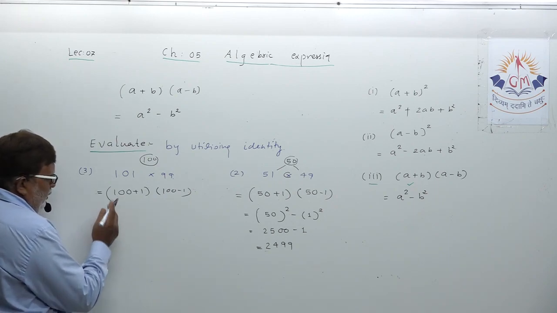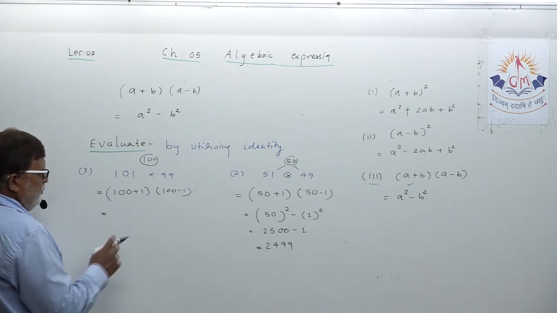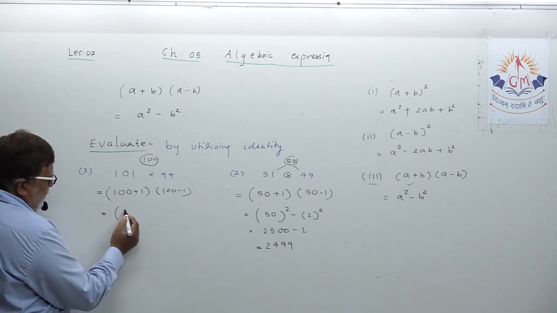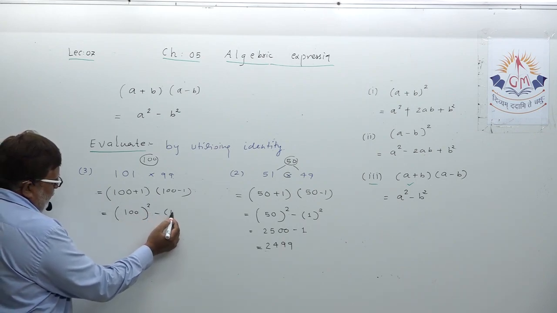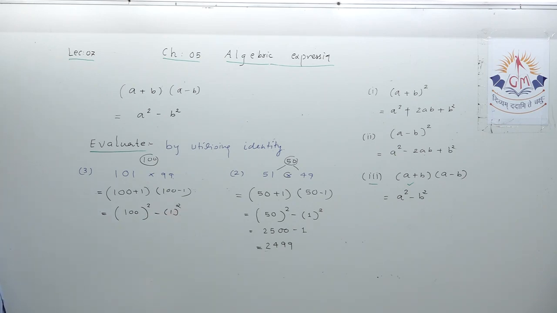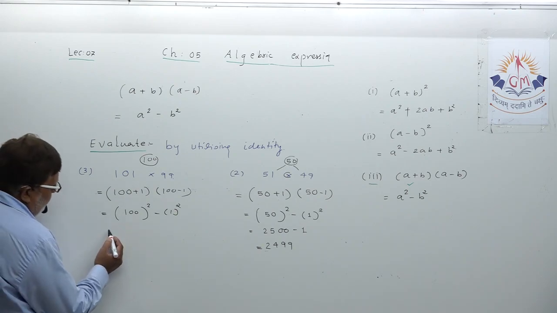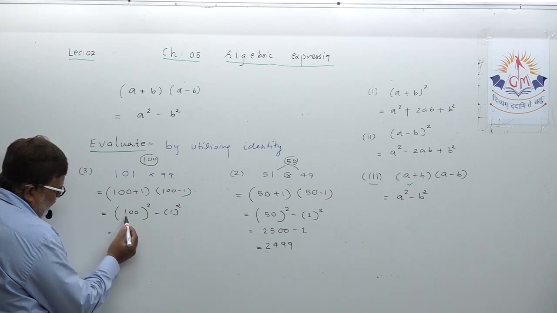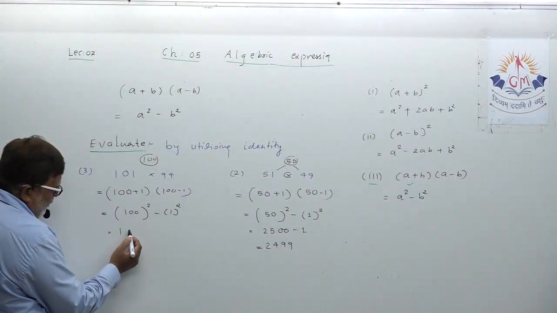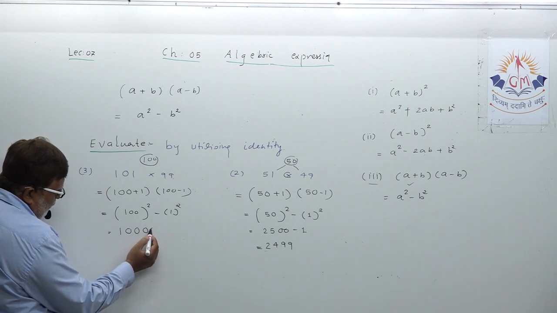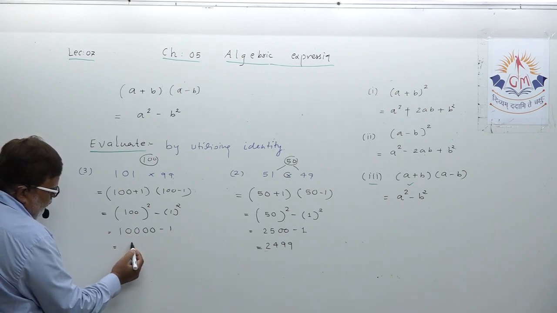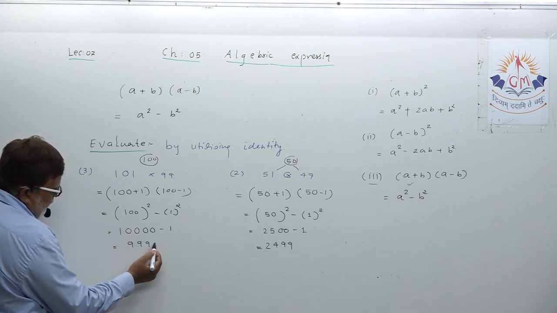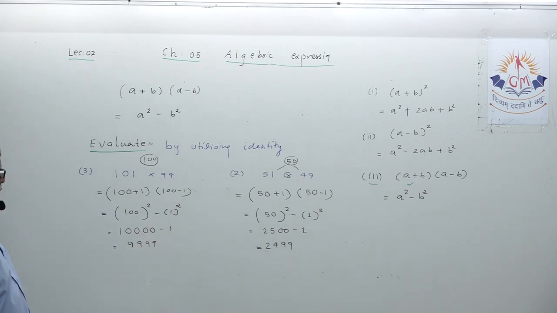You will consider 100 as A and 1 as B. So you will write it this way: A square, that is 100 square, minus B square. 100 square: 1 one is 1 and double 0 here, so 10,000. 1 square is 1. From 10,000 if you subtract 1, 9,999 is the answer.